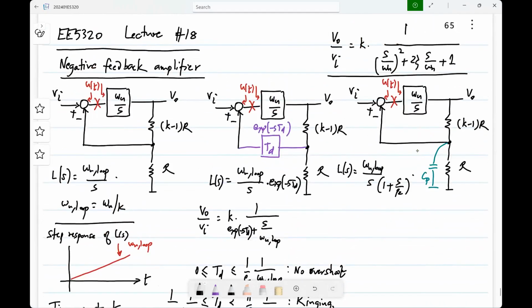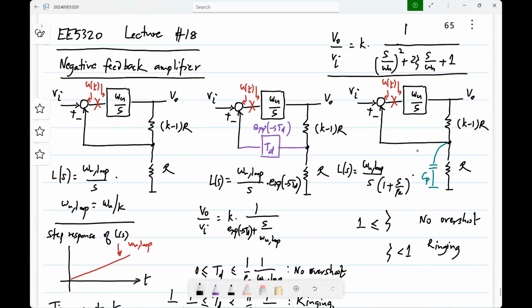So here, if you have zeta, sorry, the other way around, you will have no overshoot, and if zeta is less than 1, you will have ringing.